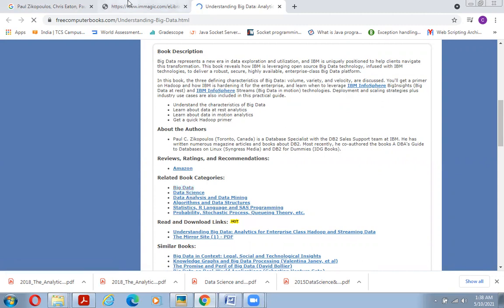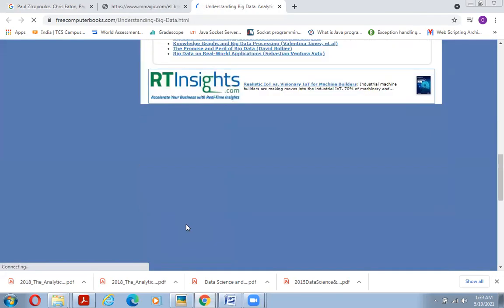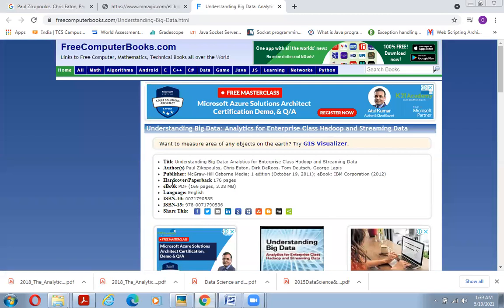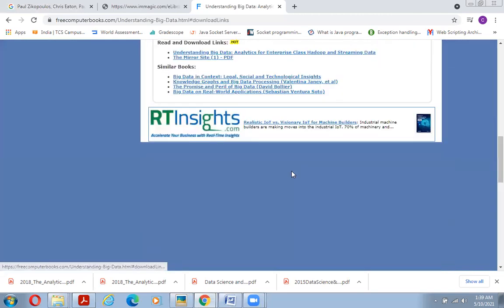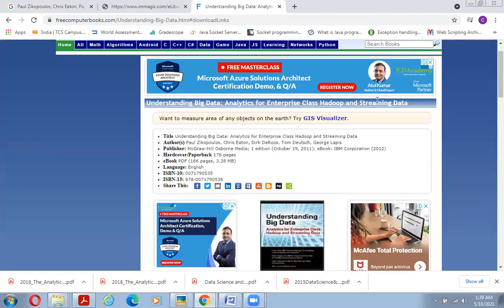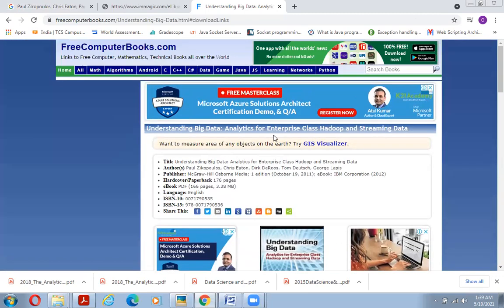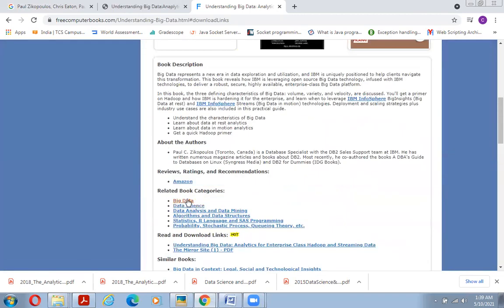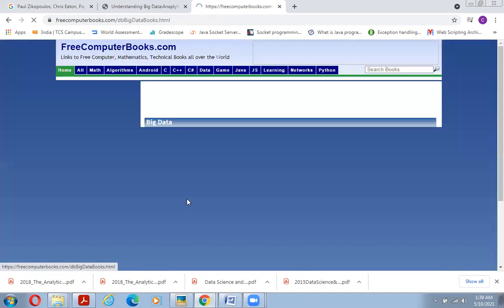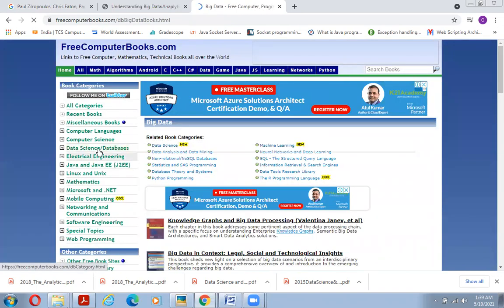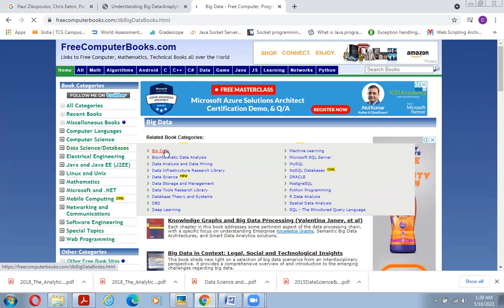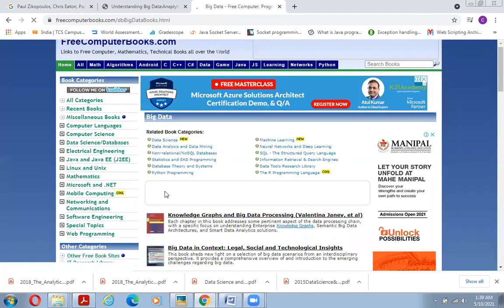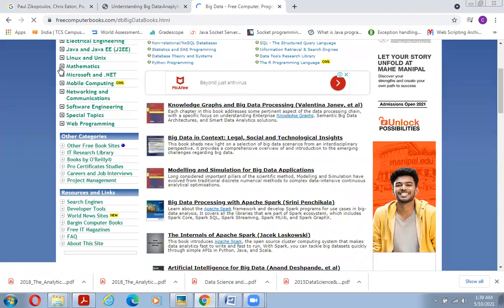We just need to click on data, big data, data science, data analysis, and all this, and we will get our books. Here we can get as many books as possible. These are the books we can download and study.